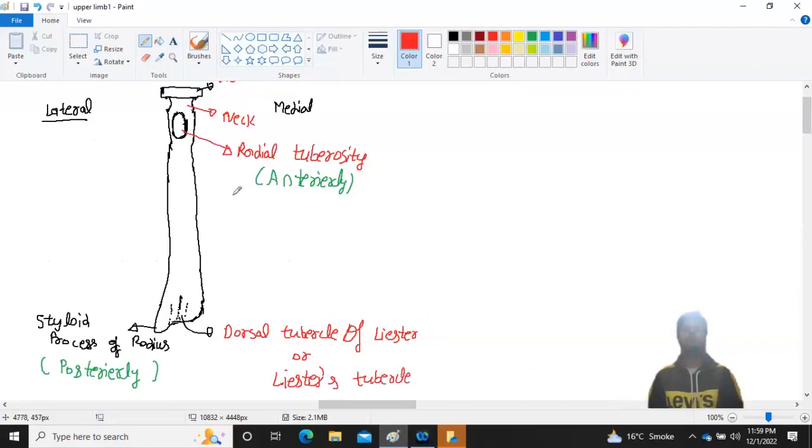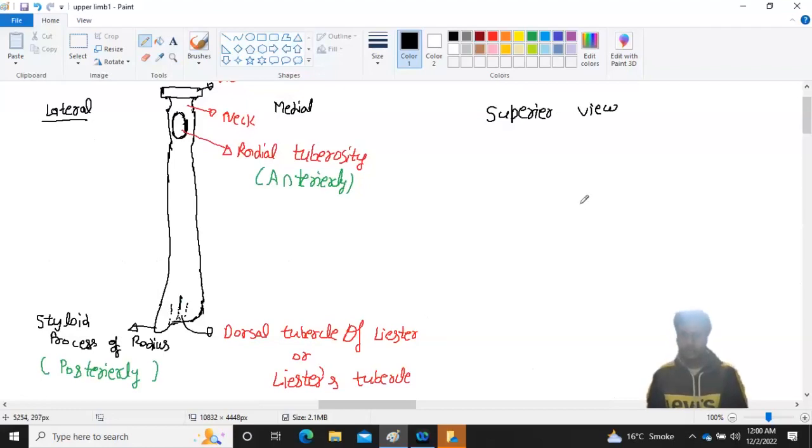Done. So now we discuss their surfaces and borders. We draw a superior view to draw their surfaces and borders. Let's say it is triangular. If we cut the shaft, we see it is triangular. So first we draw the superior view, when we cut its shaft.